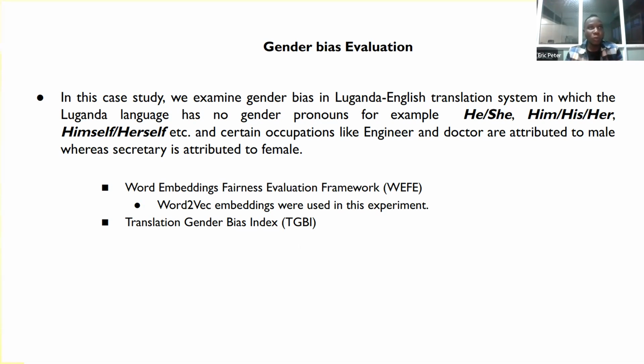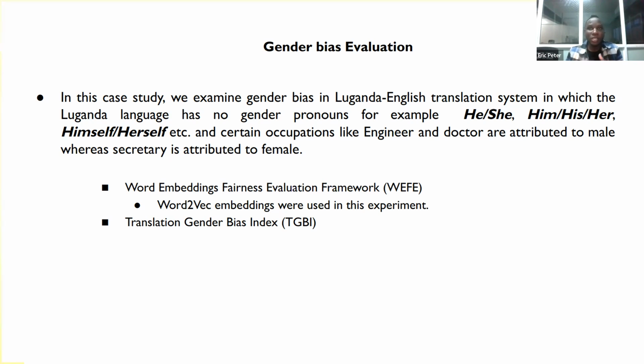For example, we see that art-related subjects are highly associated with the female stereotype, and science-related terms are highly associated to the male stereotype. And this is all incorporated in the historical data that is always used to train these machine learning models. And then we compared our results with the Translation Gender Bias Index, which is open source.